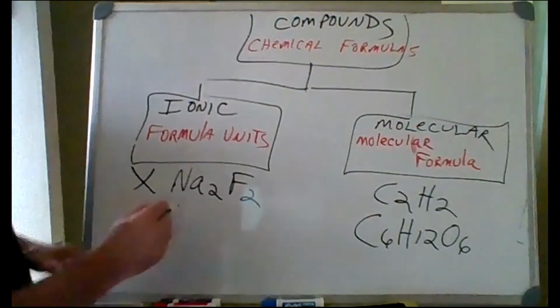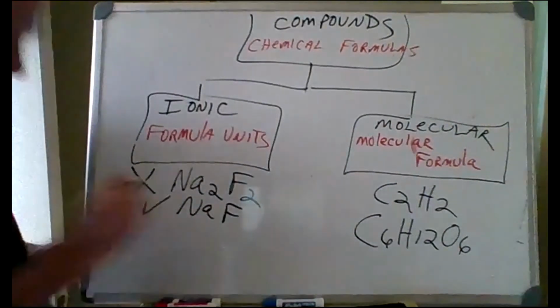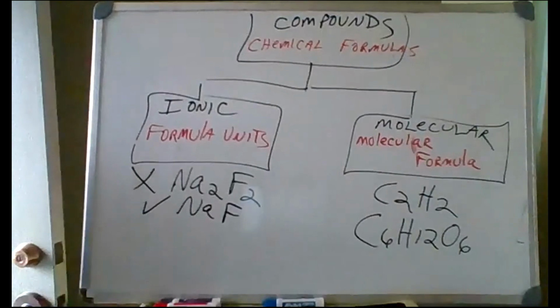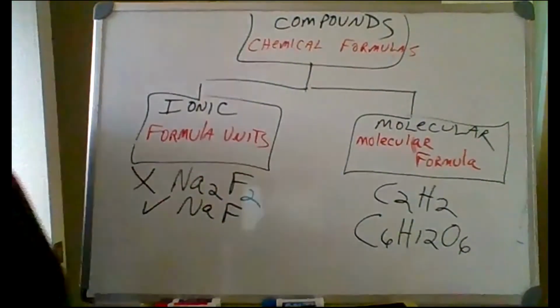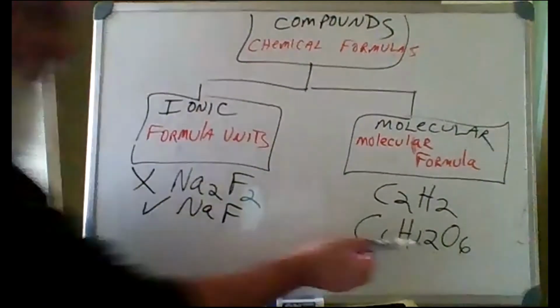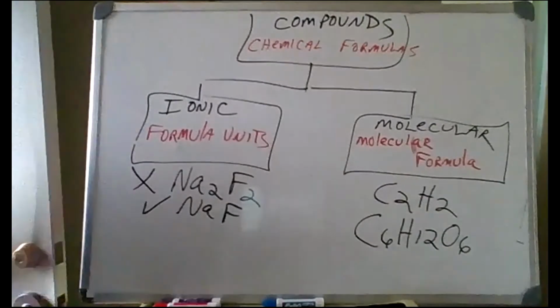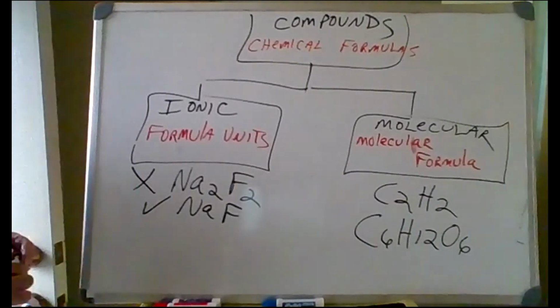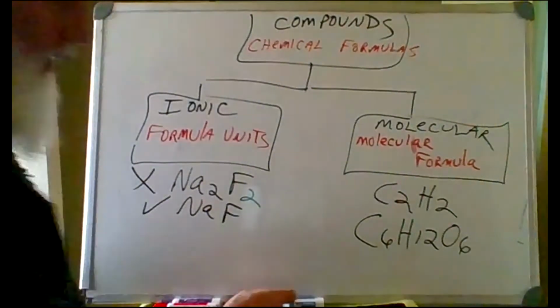You have to divide out by it. So NaF is correct. Na2F2 is not correct. Again, common factors are perfectly valid in molecular formulas, but not valid whatsoever in formula units. Okay?